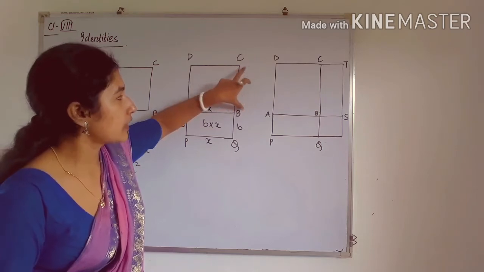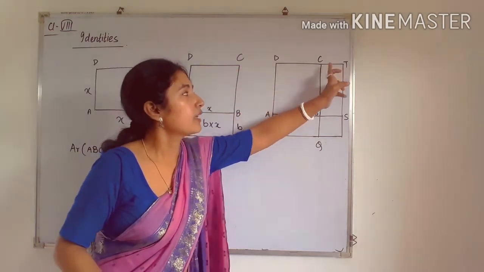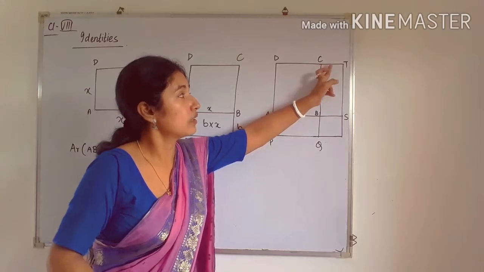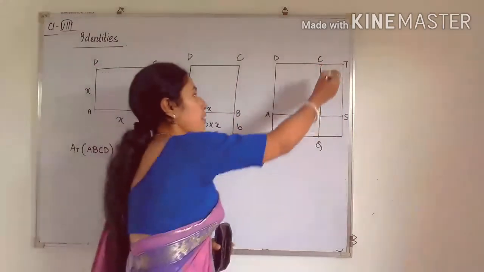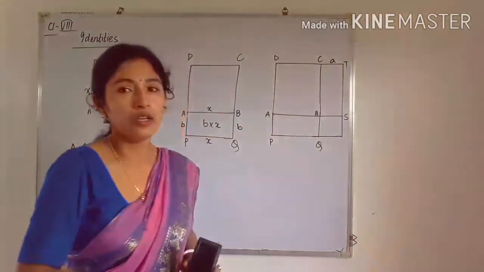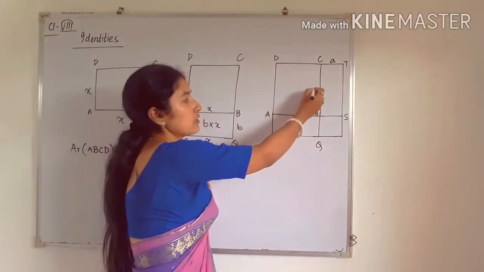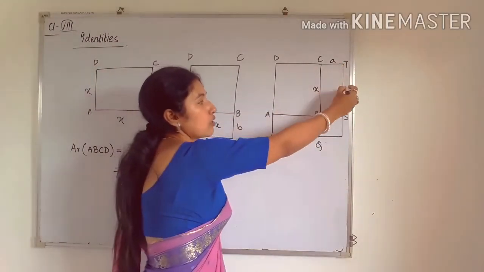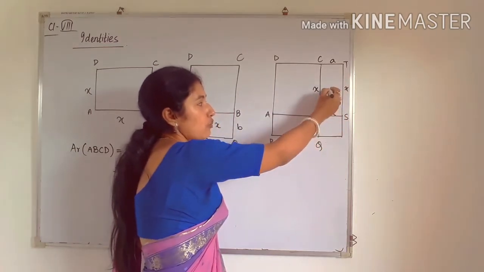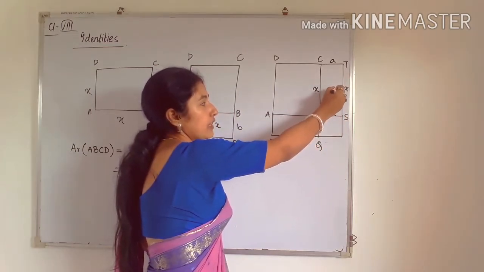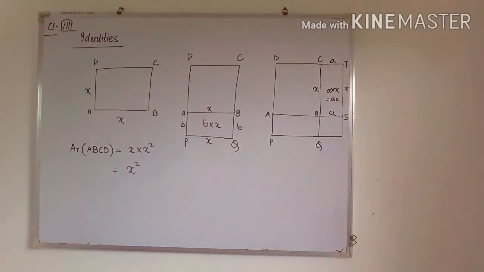I am extending one rectangle, and the length we are extending, we take it as A. So what was the length of the square? Yes, this was x. So this is also x, that means if this is A, then this will also be A. So what will be the area of this rectangle? Yes, A into x, that means AX. Okay, I hope you understood this part.